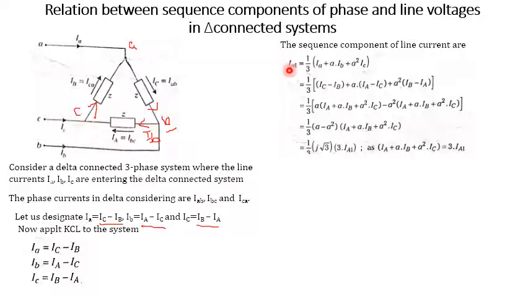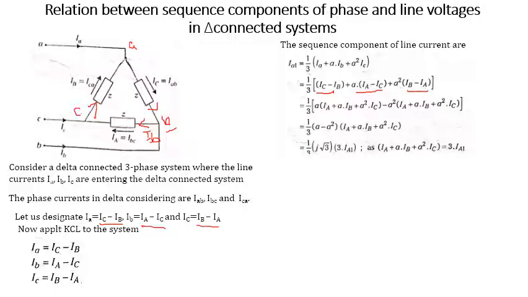Already we know that IA1, do not get confused here, it is small IA1, which is the line, is equal to 1 by 3 times IA plus A into IB plus A square into IC. Substitute these values. IA is IC minus IB, IB is IA minus IC, and IC is IB minus IA.